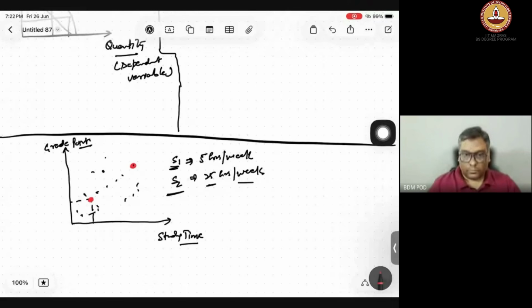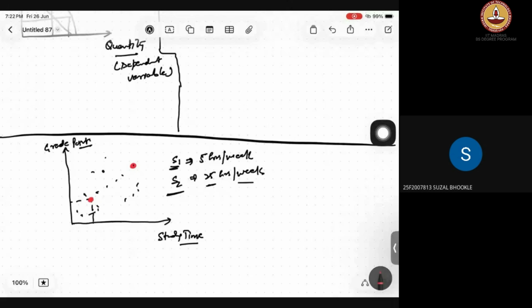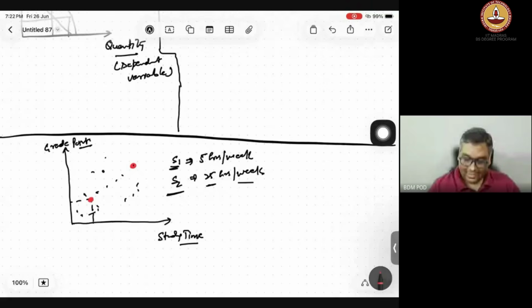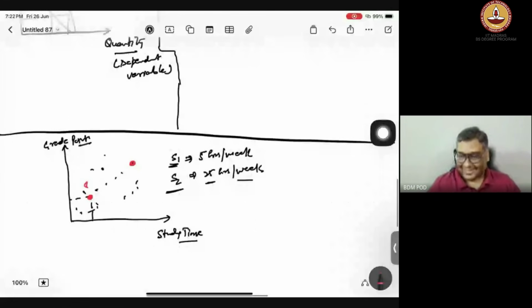Who will get the good grades? The student who puts more time into study. Student 2, who studies 25 hours per week. Correct. S1 is giving 5 hours per week, so obviously the grades will be less because he is investing more of his time in other activities.